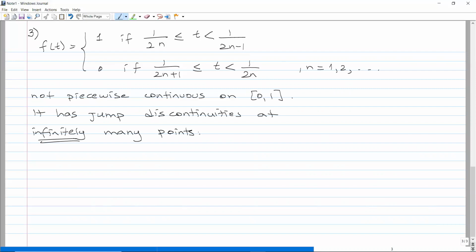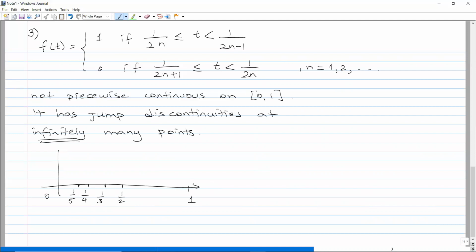You see at each of these points, 1 over 2n or 1 over 2n minus 1, it has a discontinuity. So the function goes like, okay, let's see. We are considering the interval 0 to 1, then we have 1/2, 1/3, 1/4, 1/5, and so on.